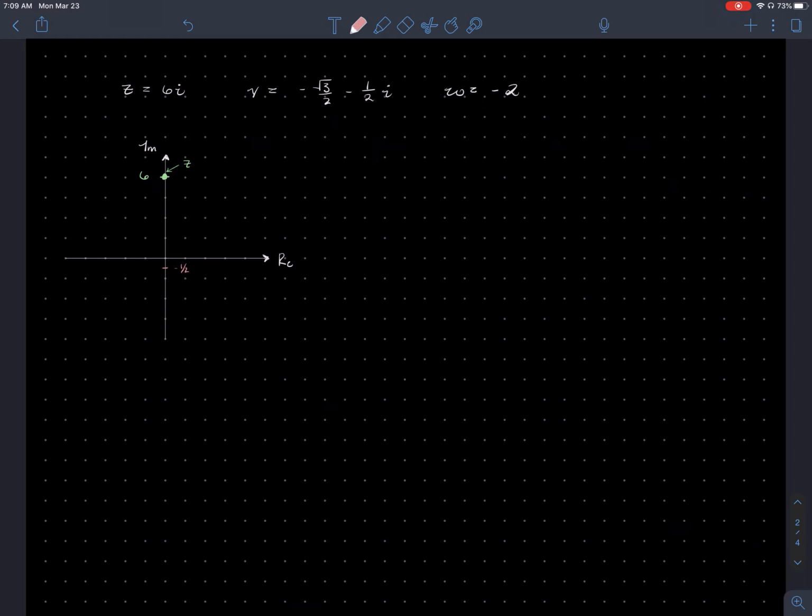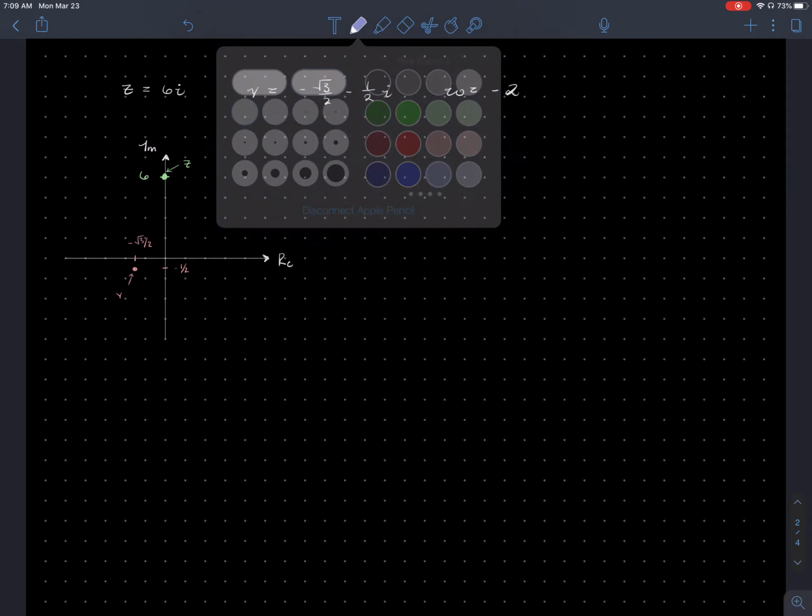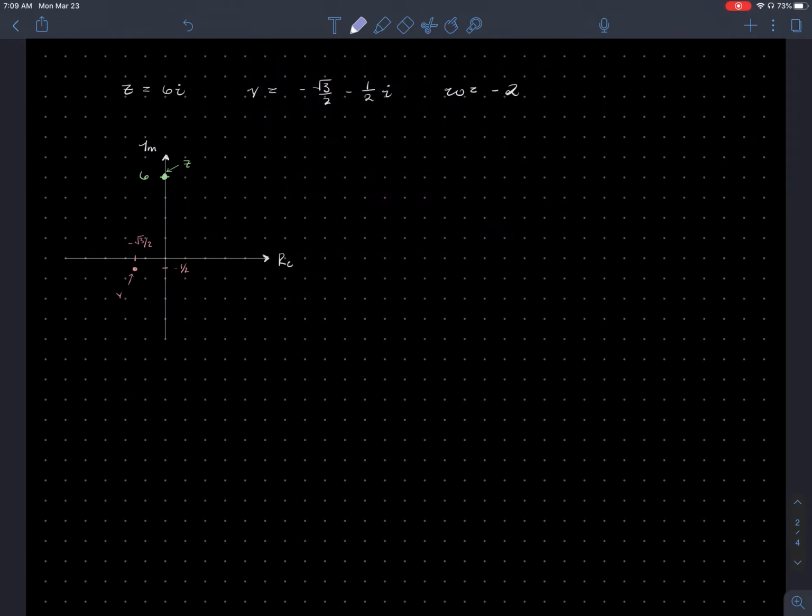We could maybe say that negative square root of 3/2 is over here. So that means v is right there. And then lastly, w. Let's say w is right here.